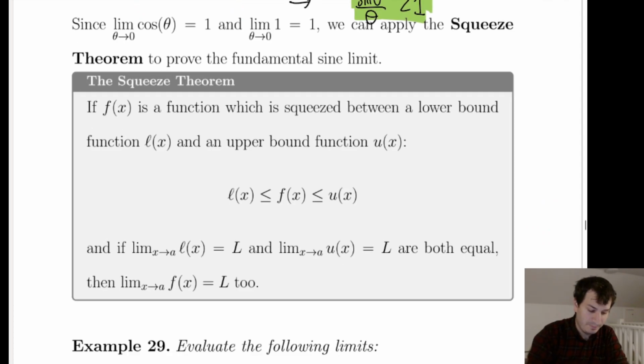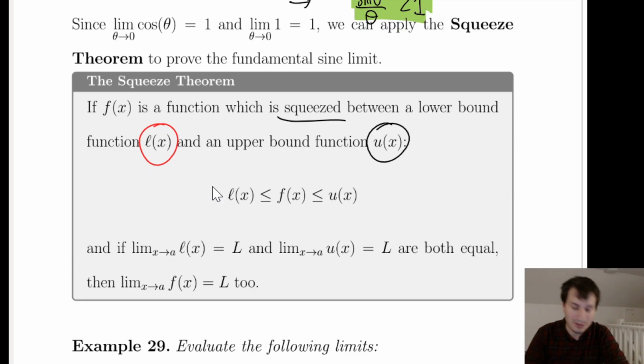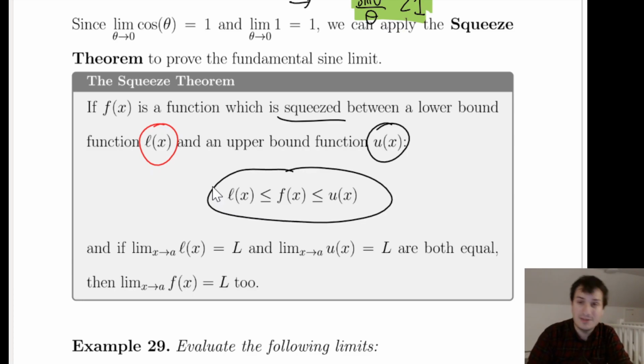So the squeeze theorem: if f is a function which is squeezed between a lower function and an upper function, you can give them a name. The lower function was the red function in the picture, L, and the upper function was the black function, U. L and U for lower and upper. So if f is between L and U, and the limit of L is something, and the limit of U is the same something, capital L, and they're both equal, then the limit of the middle function has to be the same thing.